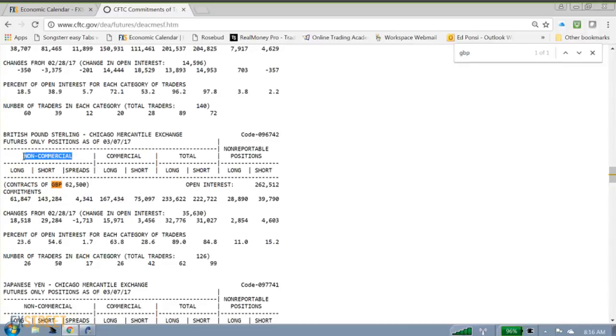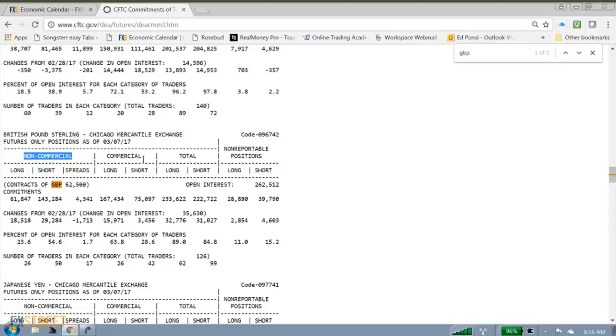So you're now looking at the Chicago Mercantile Exchange Commitment of Traders. This is a futures report. Futures traders have to report their long and short positions. Non-commercial, these are large speculators.